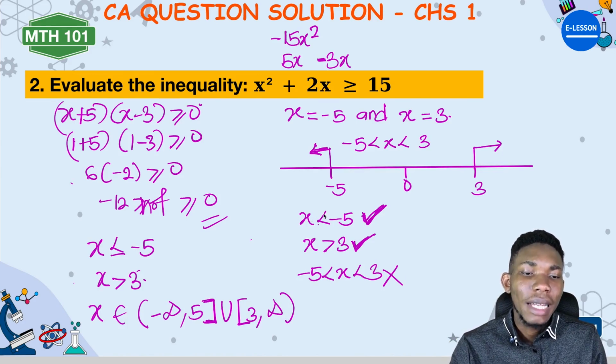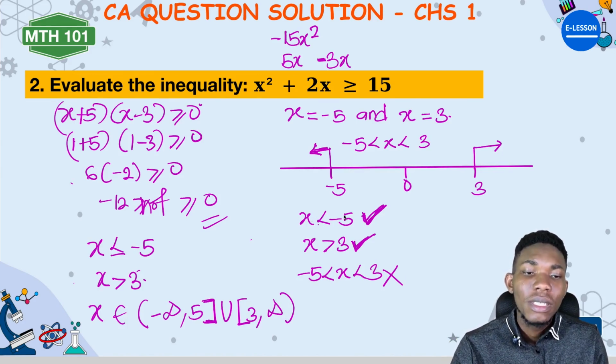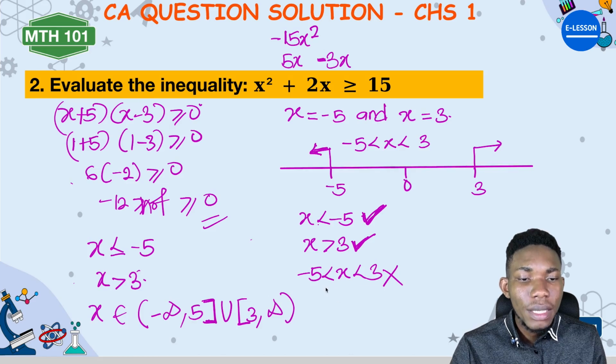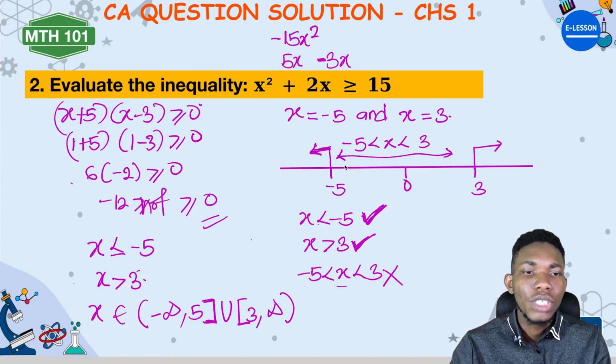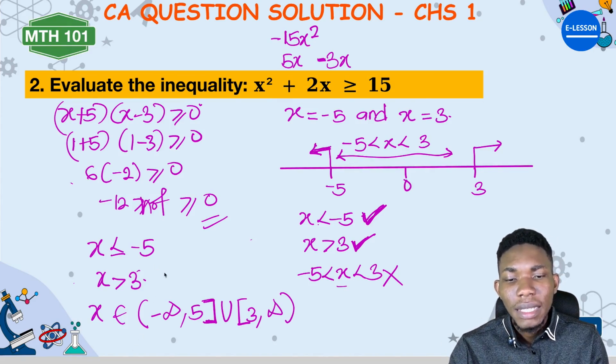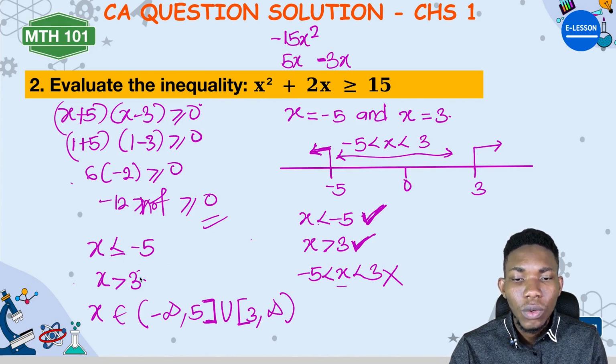Any value less than or equal to minus 5, this inequality will be satisfied. But within this interval, minus 5 less than x and x less than 3, this inequality is not satisfied. So that is how you break it down, and then you check and confirm. So that would be the answer to this question. You say x is an element of this.